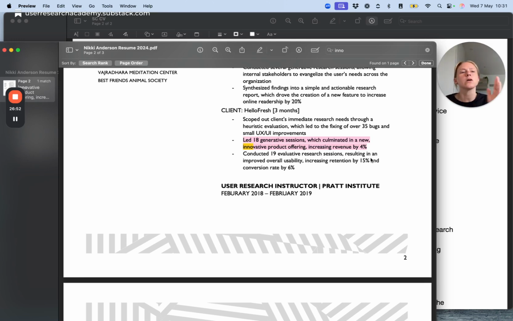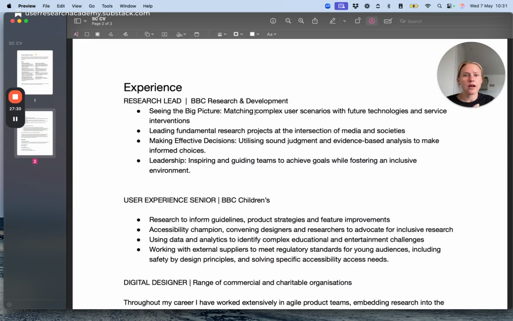So I increased our market share, I increased our revenue, I increased our product offering through these sessions, because the generative research told us that we were missing a certain product, and we were then able to create that and offer it to the audience. The same thing could go if you are doing research and you found a new segment that the company wasn't targeting before that could be a good fit, which would again increase market share, increase revenue. So I'm wondering if that might be something that could be helpful for you.